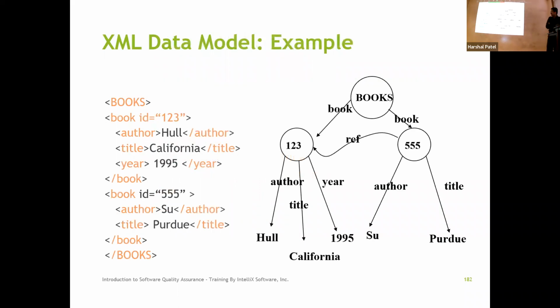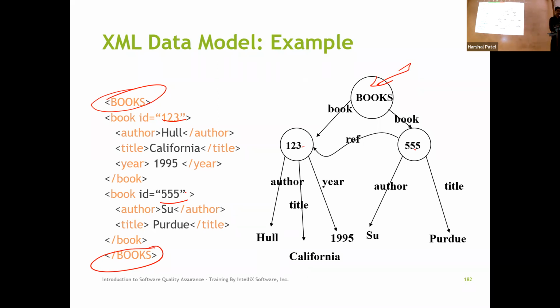Here is another example. Okay, it's a collection of books, and this is represented visually on the right-hand side, right? Here is my collection, which is my books. Then each book has an ID. So that's my 1, 2, 3, and 5, 5, 5.